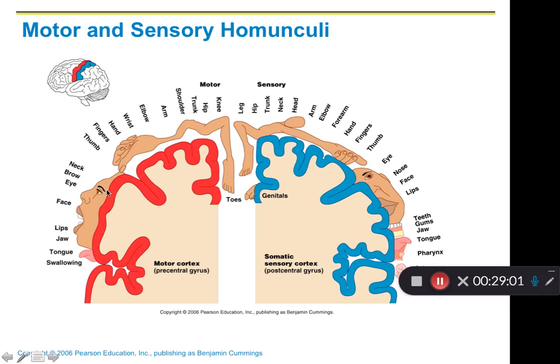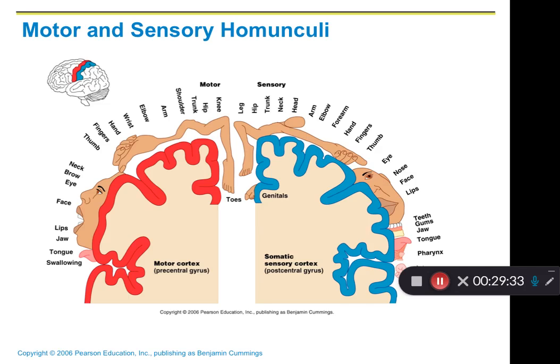Now we can see our hand, and our face in the temporal lobe. Our face needs more regions of the cortex, because there are so many receptors in our face.